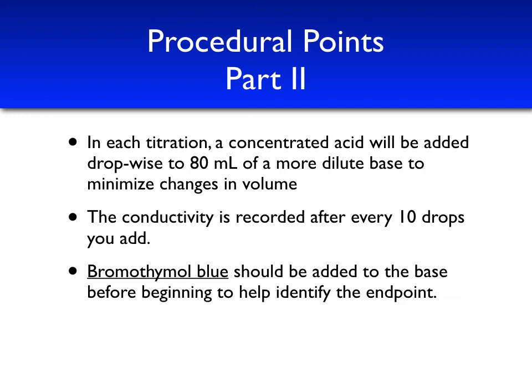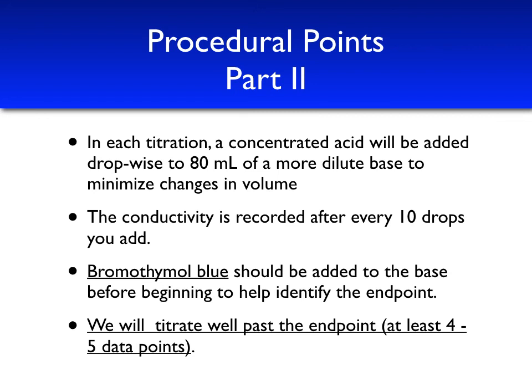The color change will help us to figure out where the endpoint was. And once again, because we're interested in the behavior after we reach the endpoint, we'll titrate 4 or 5 points beyond where we identify our endpoint to be, or after the color change of the indicator.